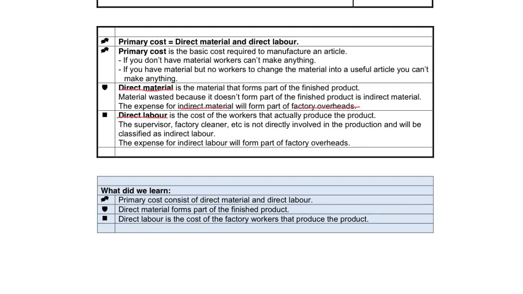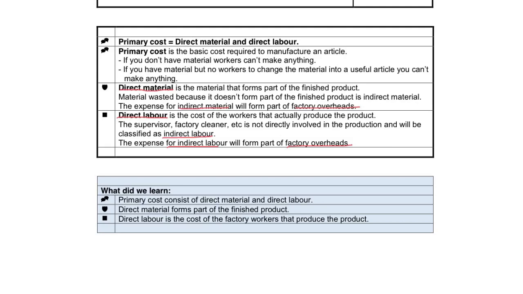The supervisor, the factory cleaner, people who carry things from one table to another, etc., will be indirect labor because they don't produce the article, but they are necessary to finish the articles, although they're not directly involved in the manufacturing process. Therefore, indirect labor will also form part of factory overheads.